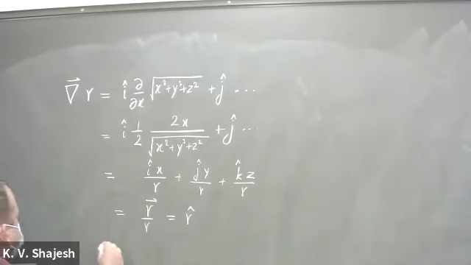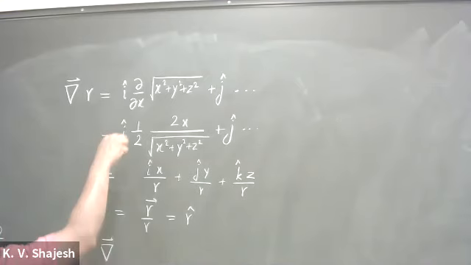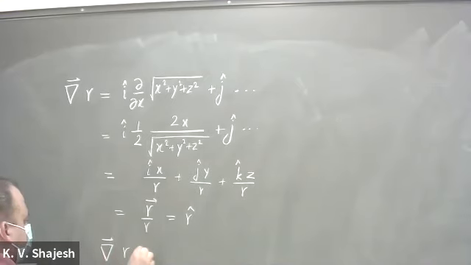Now, having done this, we did this in rectangular coordinates. But this vector, the way this is written, is independent of which coordinate system you are in. You could be in spherical coordinates, you could be in cylindrical coordinates.